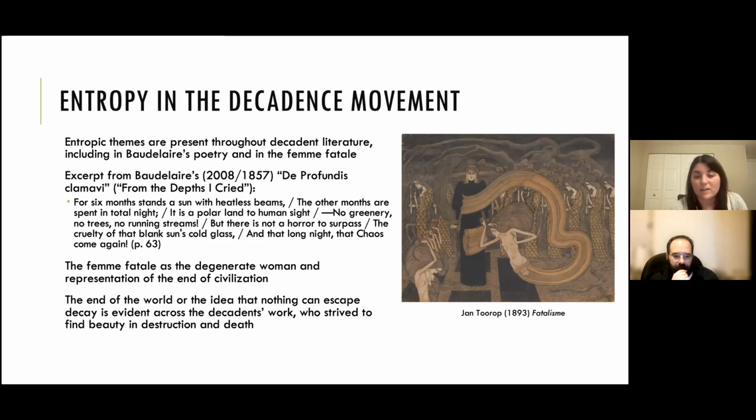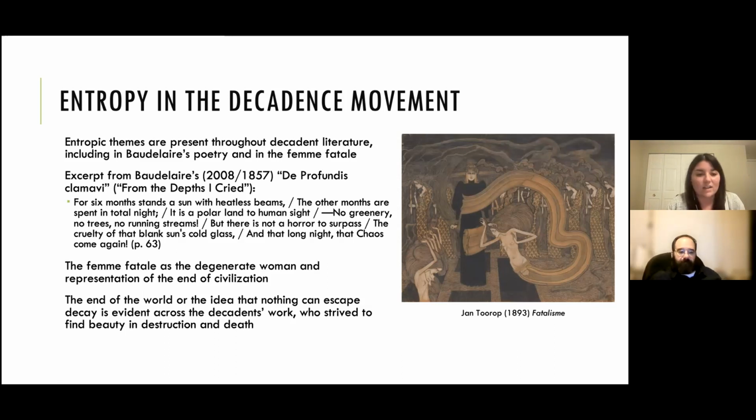Actually, doctors during this time warned that increasing female independence witnessed in modernity was contributing to women not fulfilling their desires or duties of motherhood, and labeled such women as degenerates. So the femme fatale can represent the end of civilization, because if women aren't having babies, then that's it for humanity.